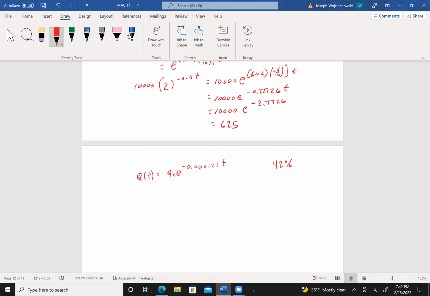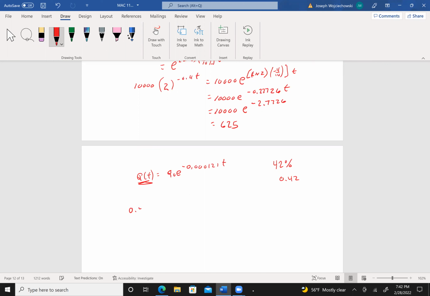Okay, so that formula was done from the example 5. So working with that, let's see what we got going on here. If we have 42% remaining at 0.42, that is Q of T, the remaining carbon-14 after a certain time.